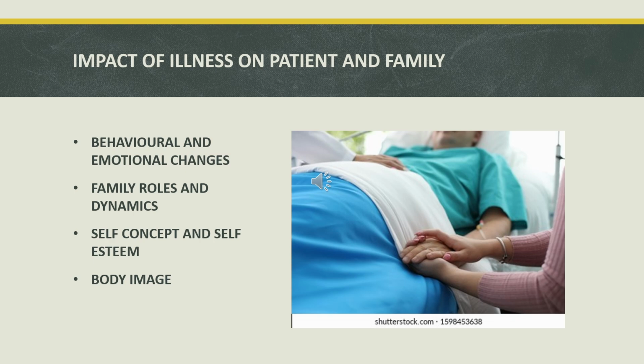The last impact is on the body image. Certain illnesses result not only in emotional, behavioral, or self-esteem changes, but also in the physical appearance of the client. Clients react differently to these changes depending upon the type of change. If it is a short-term change, they can readily accept it.